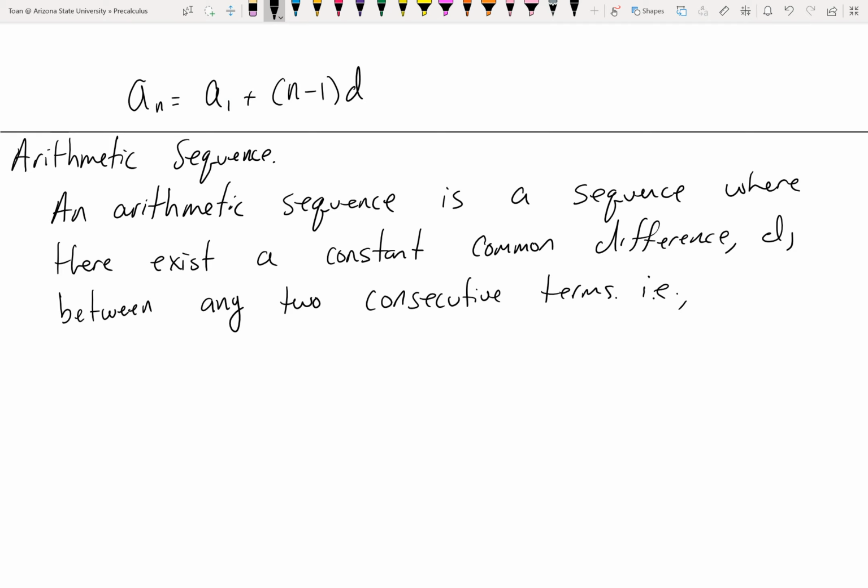In other words, that sequence that we generated. So you start with the first number, then you add another d, then you add another d, then you add another d, so on and so forth.